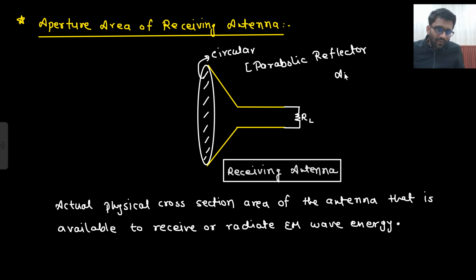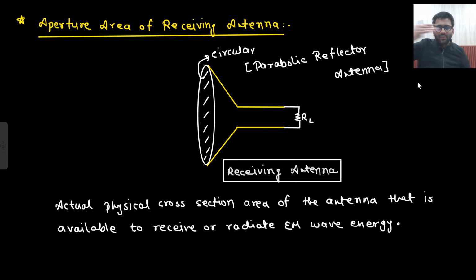The antenna could be a Hertzian dipole antenna, a half wavelength dipole antenna, a full wave dipole antenna, it could be anything. But if your aperture area is circular, then it is known as a parabolic reflector antenna, a very important term.